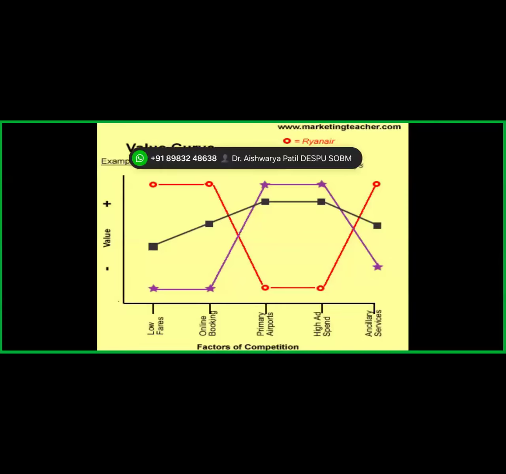With the help of the value curve, if they are aware that on the following points they are scoring less than the competitors, they can decide whether they want to concentrate on these points or ignore them.